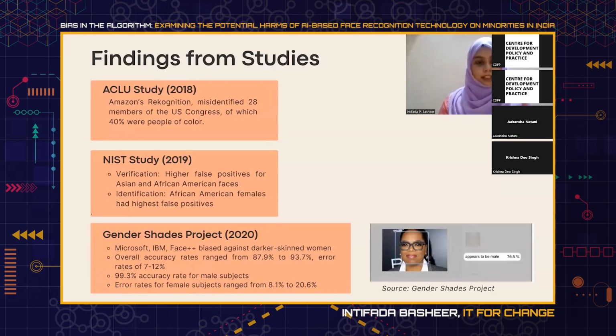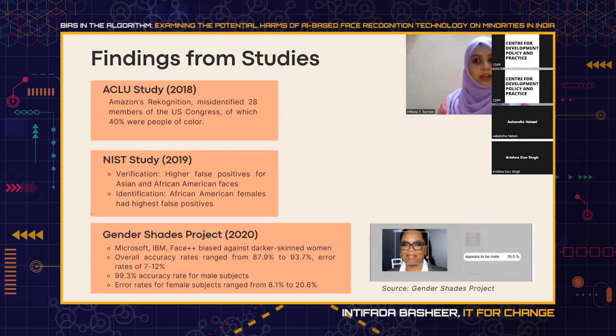The second study, conducted by the National Institute of Standards and Technology in 2019, reviewed 189 algorithms developed by 99 developers on a database containing 18.27 million images of 8.49 million people.